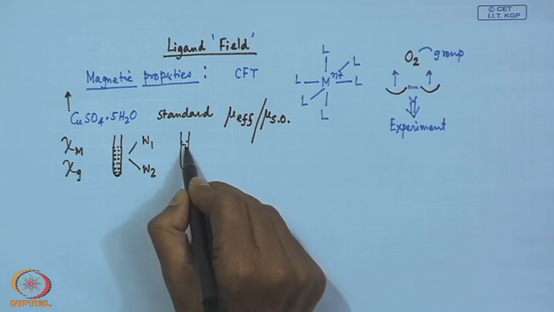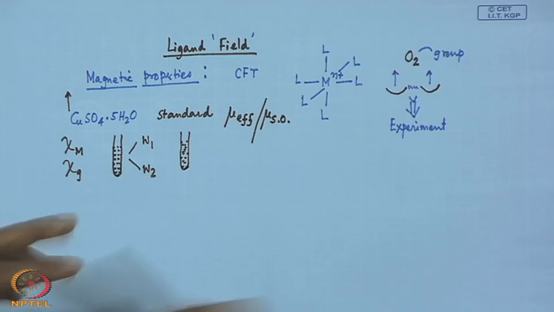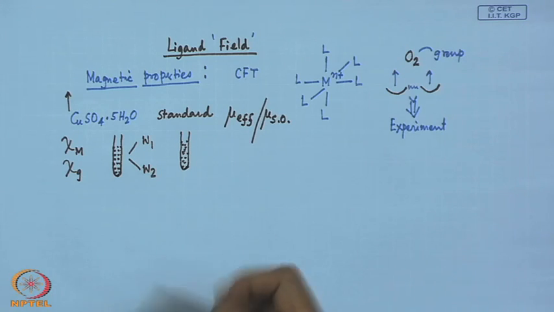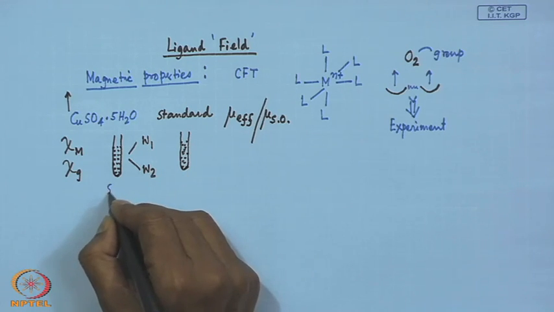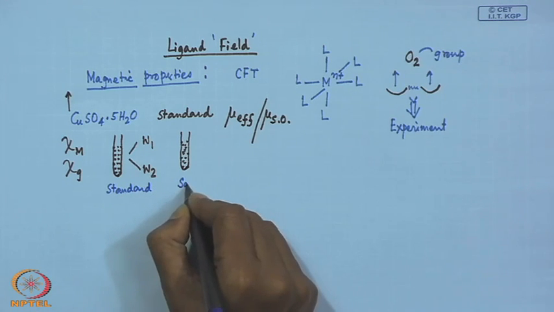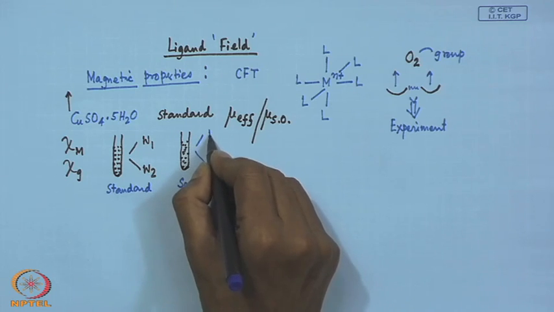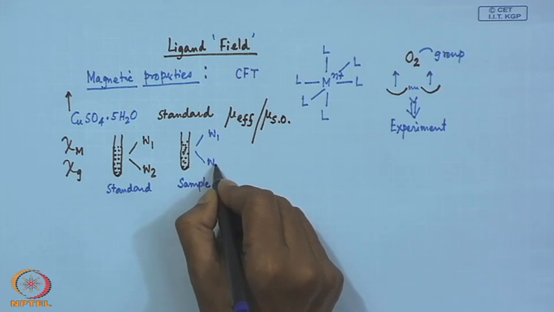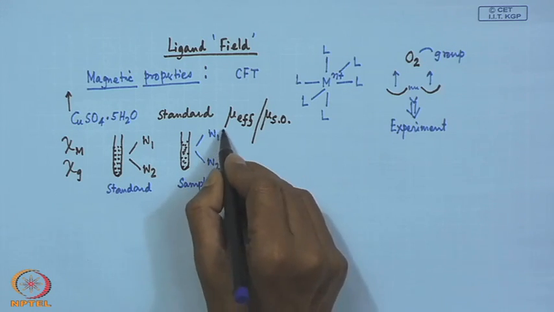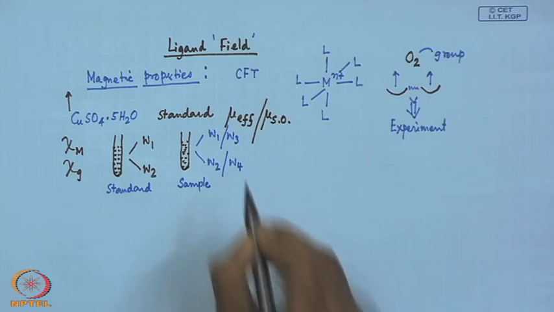can be filled next time with the sample. So, this is for the standard and this is for the sample itself, and there also we have two weights, W1, W2, or rather we can consider them as W3 and W4.